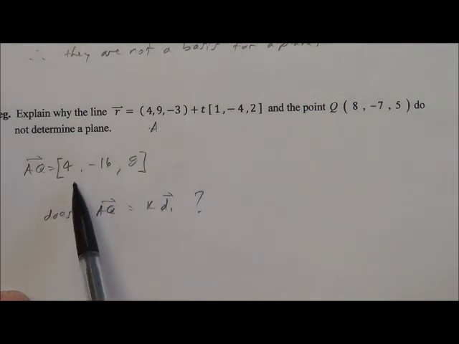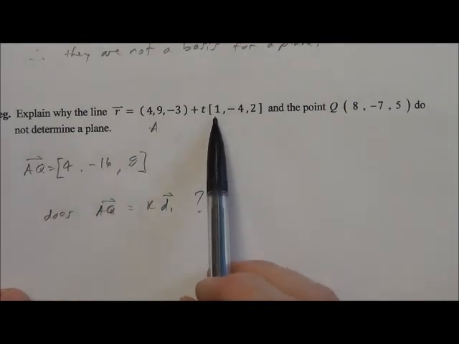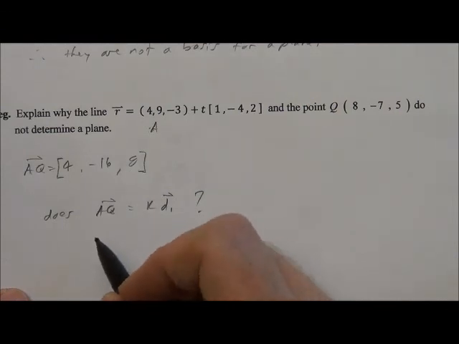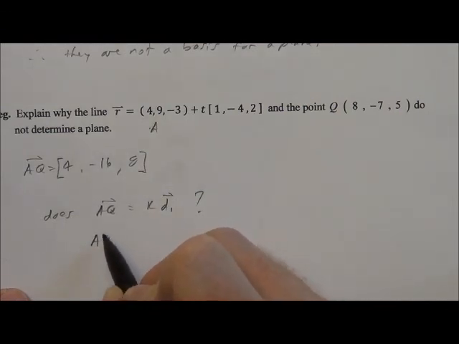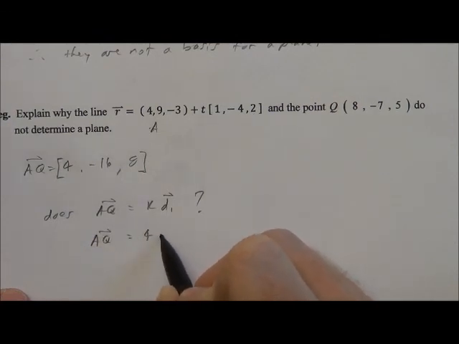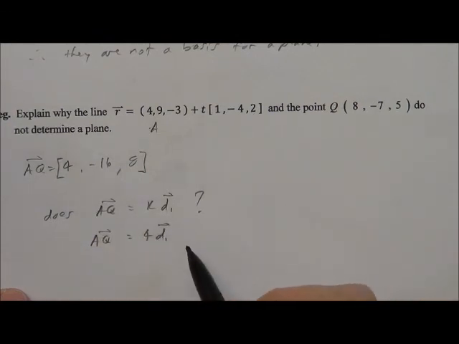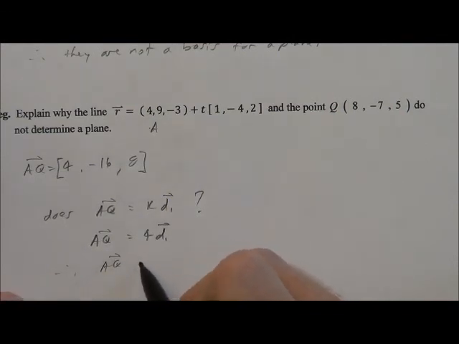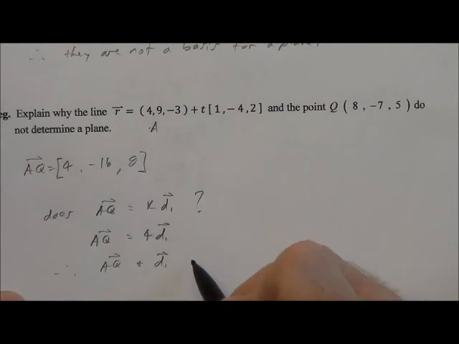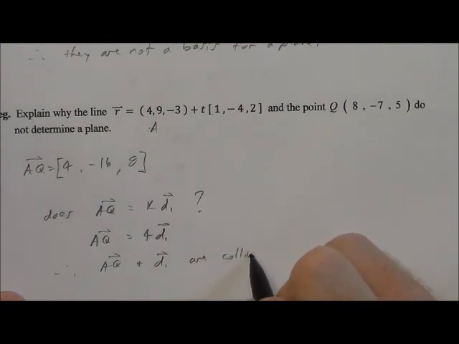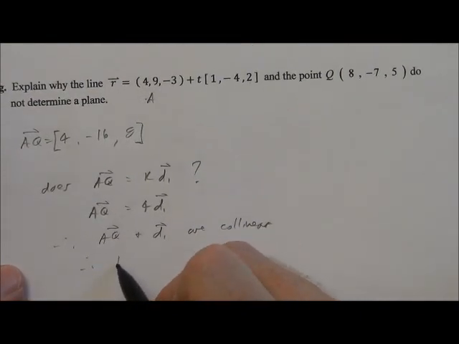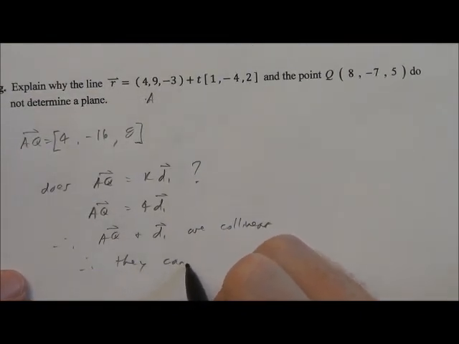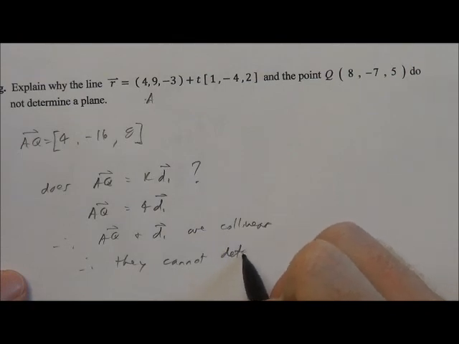If I look at 4, negative 16, 8, and 1, negative 4, 2, it appears that AQ equals 4 times direction vector D. So therefore AQ and direction vector D1 are collinear. Therefore, they cannot determine a plane.